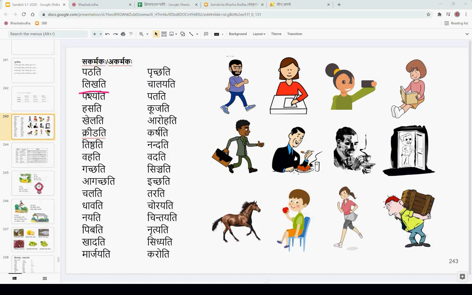So is it sakarmaka or akarmaka? Balakaha likhati. Sakarmaka. Because there could be a karma padam. Example, in the sentence, what is the example? Balakaha likhati. Balakah kim likhati?